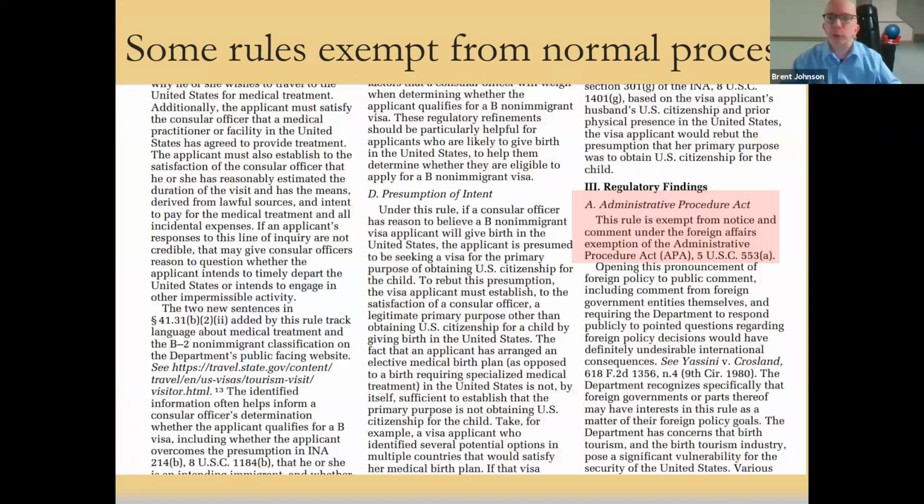Now, some rulemaking is exempt from the formalized process of the Administrative Procedures Act. So normally you've got to publish your proposed rule, give time for comment, let things percolate, and then tweak and finalize the rule. But under the APA, there are exceptions for this.